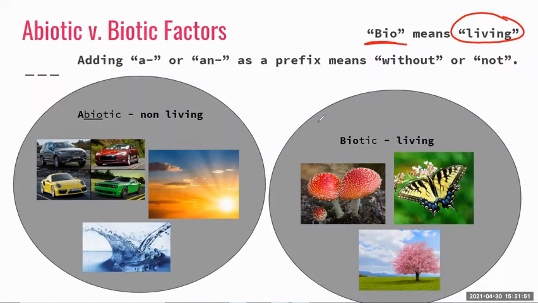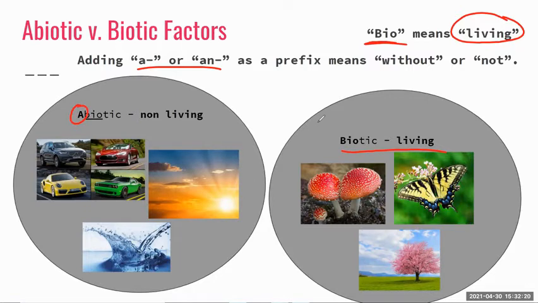Anytime you add an A as a prefix, it kind of negates whatever word you're saying, or it just makes it mean without or not something. So for example, bio means living. So biotic factors are living things like mushrooms, other kinds of fungi, butterflies, other kinds of animals, and all kinds of plants like beautiful trees.